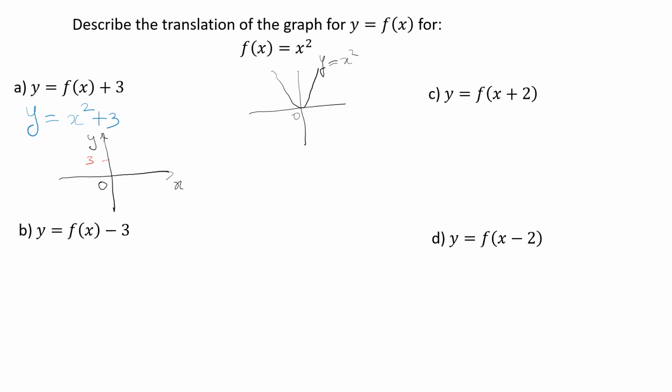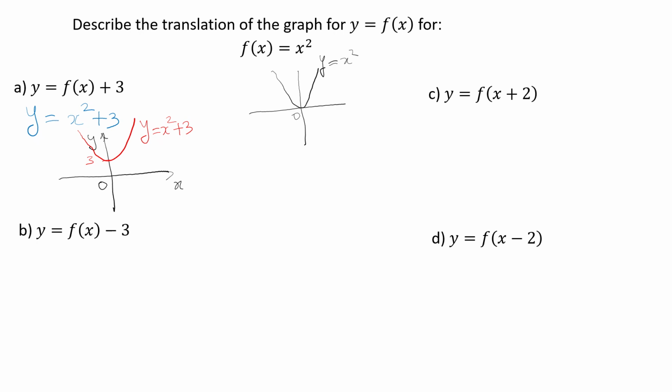When x equals 0, the y value is 3. So the graph is moved this way, upward in the y direction. So y equals x squared plus 3. This is f(x) plus 3.